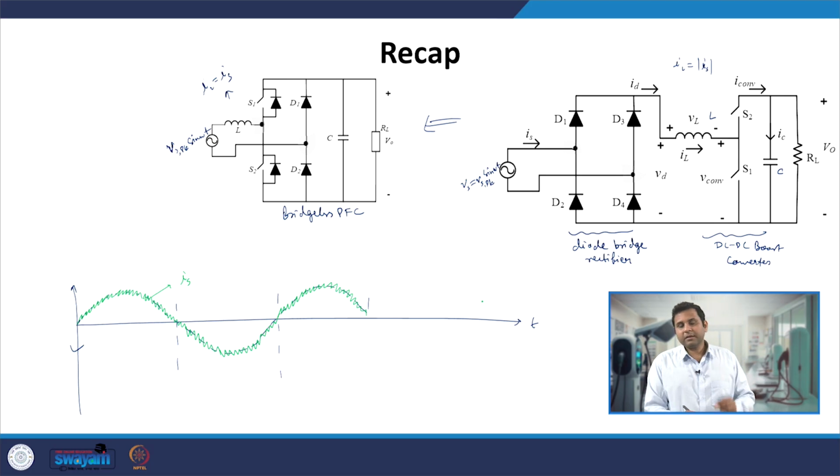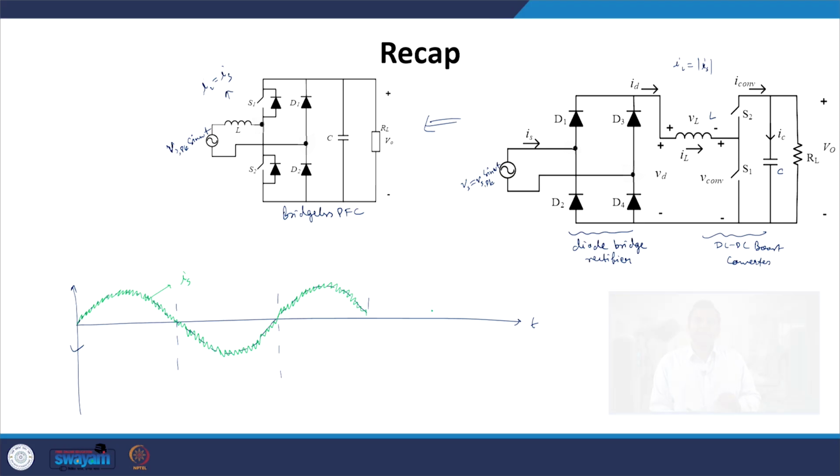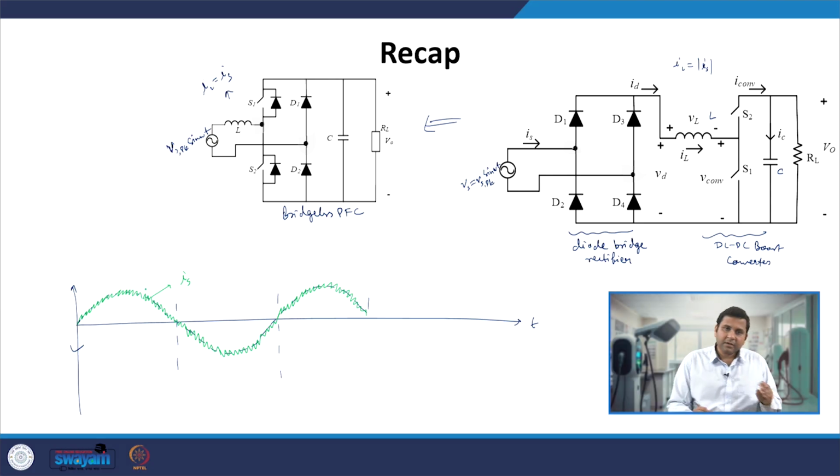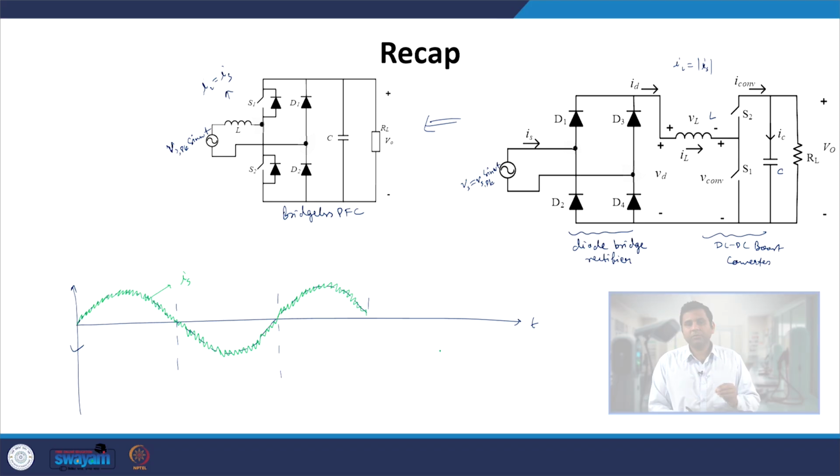The inductor current is always non-zero except near the zero crossing. That is a requirement, but in the time period away from the zero crossing points, the inductor current is still continuous in nature. It is not going to 0.